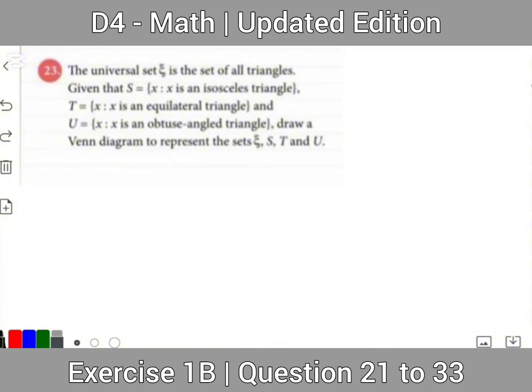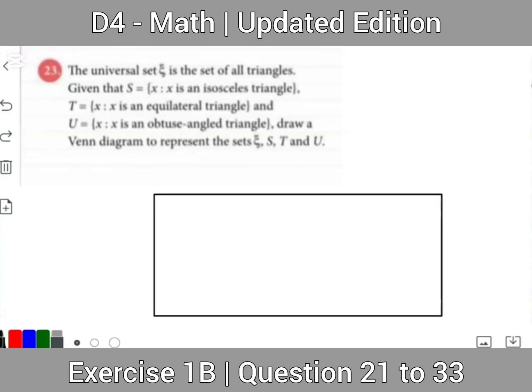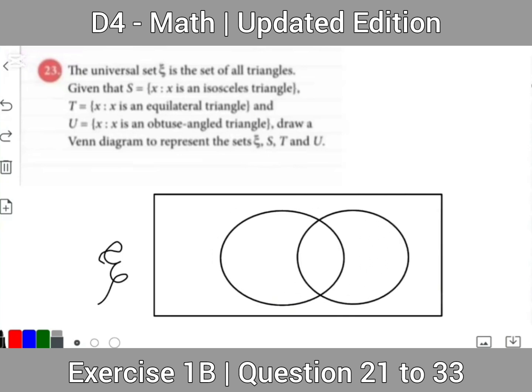So it is given in the question that we have a universal set η. For the universal set η, we will draw a rectangle. Inside it, we will draw two overlapping circles. Now these two overlapping circles represent which sets? They will represent the sets S and U, just because the sum of all the interior angles in both types of triangles is 180 degrees.